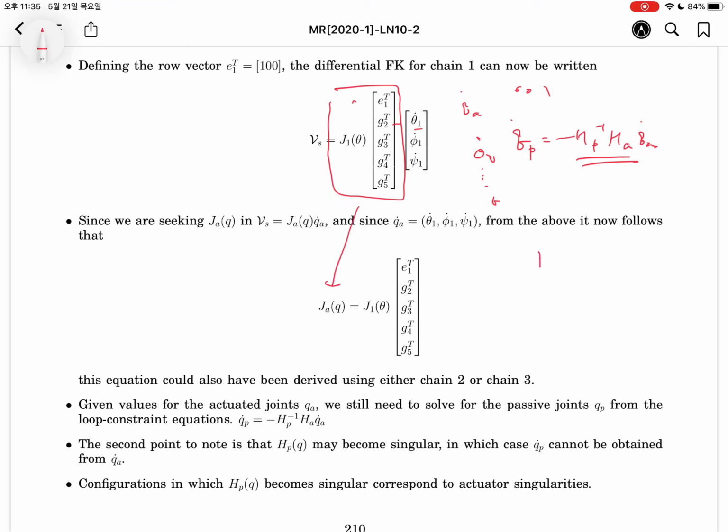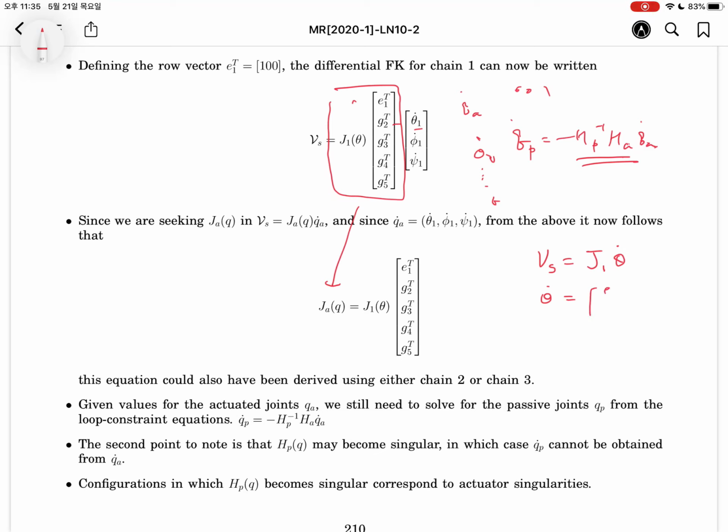Okay, let's summarize. The end-effector twist can be denoted by J1 times theta dot. Here, theta dot is obtained using some elements from the big Jacobian.